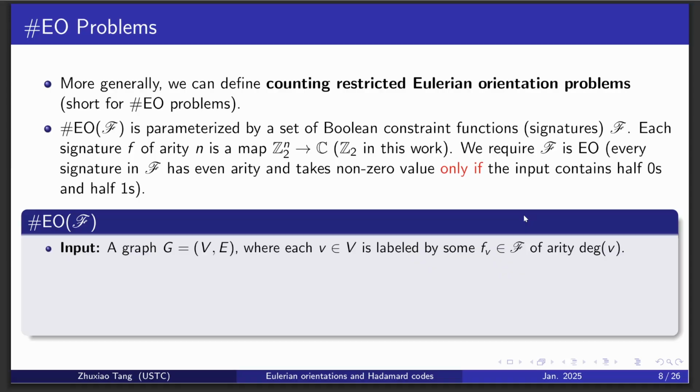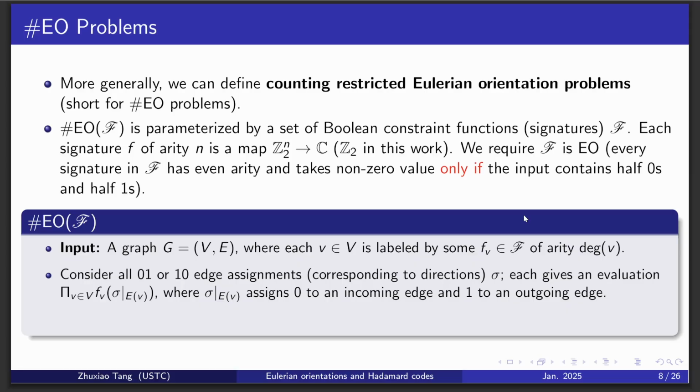More formally, the problem counting EO(F) has an input graph G, where every vertex v is labeled by some constraint function f_v. And we consider all possible assignments of directions to all edges. We assign 1 to the outgoing endpoint of that edge and assign 0 to the incoming endpoint of that edge.